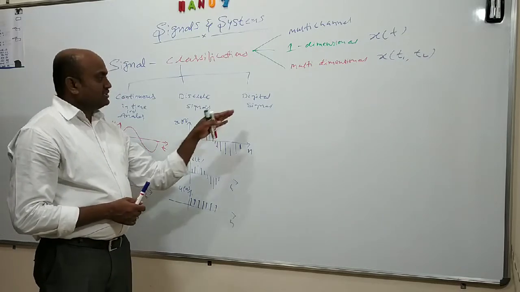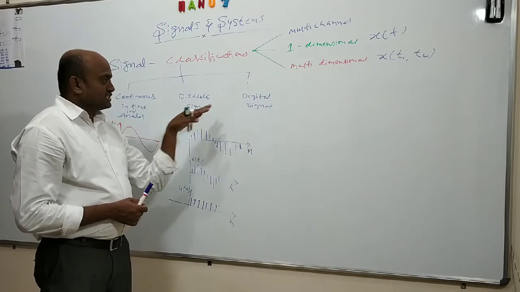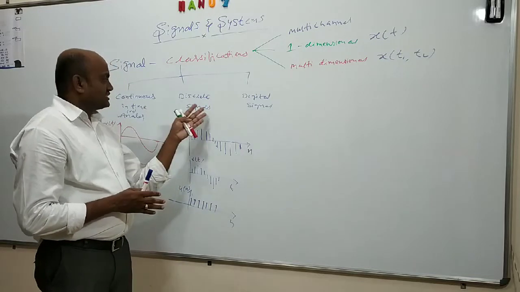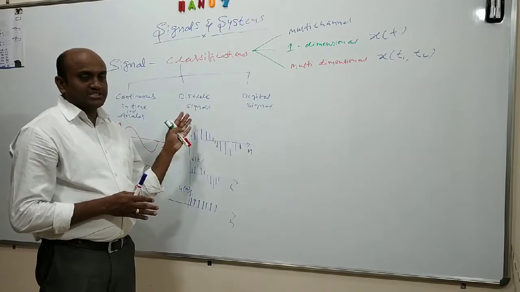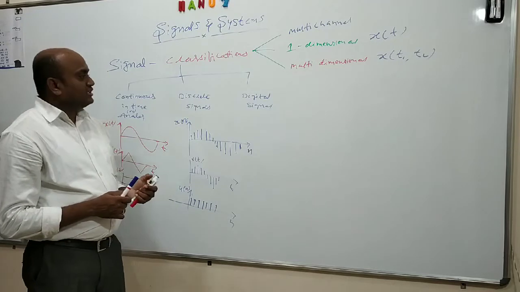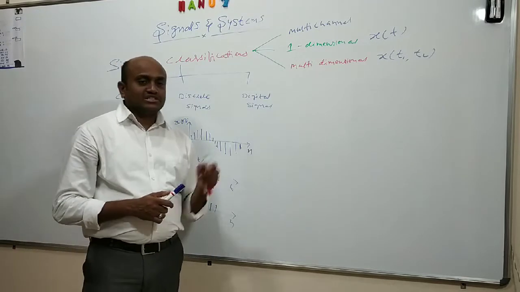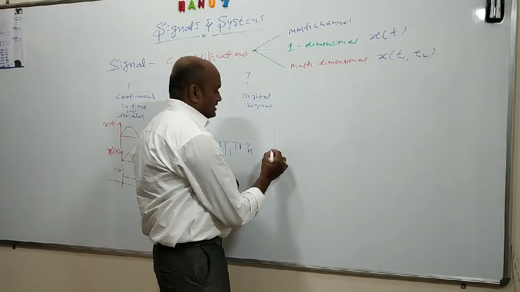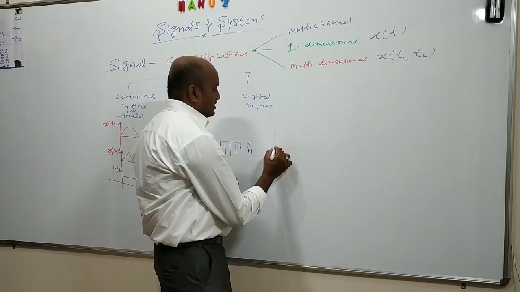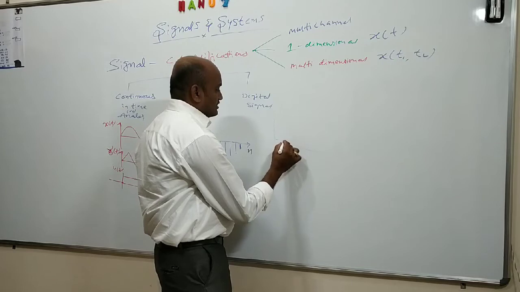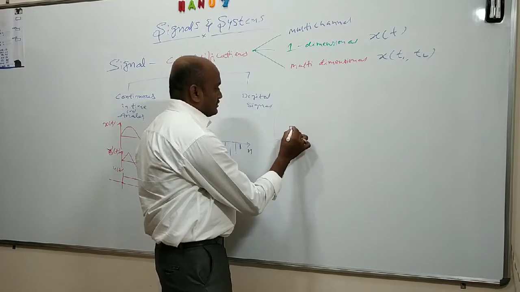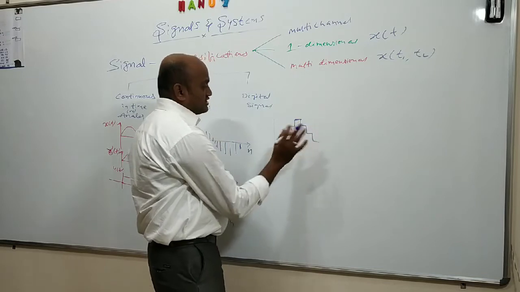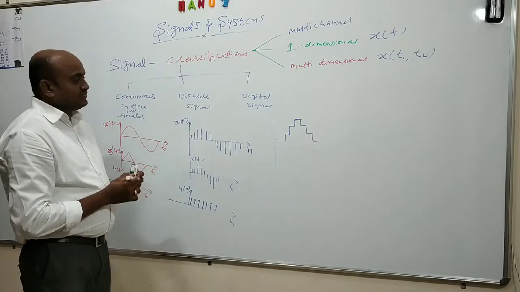It is a special category of discrete signals. The only difference is that the magnitude is quantized. A general digital signal may look something like this. Just an example of a digital signal.